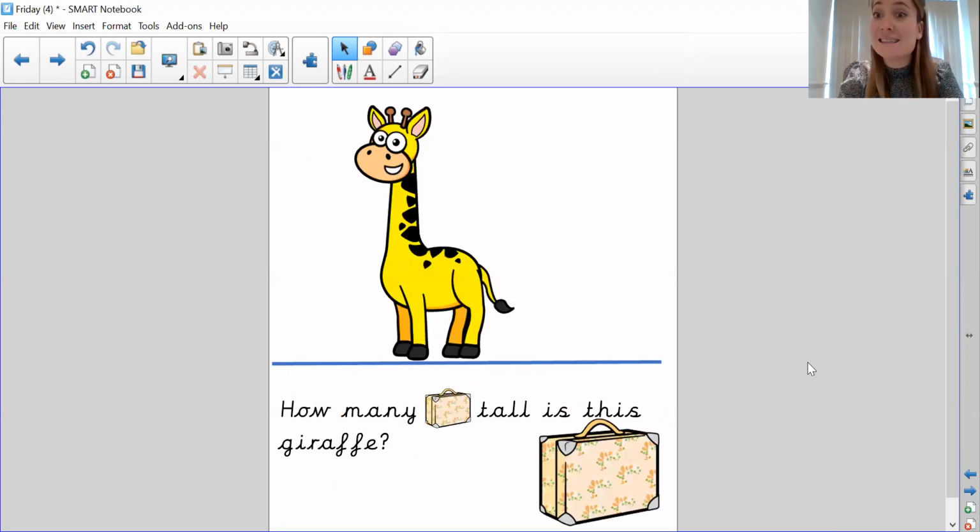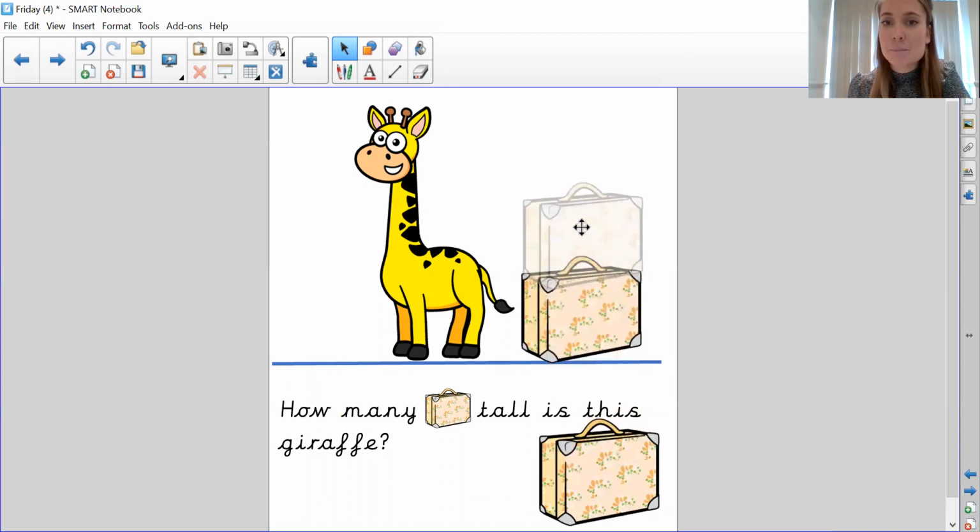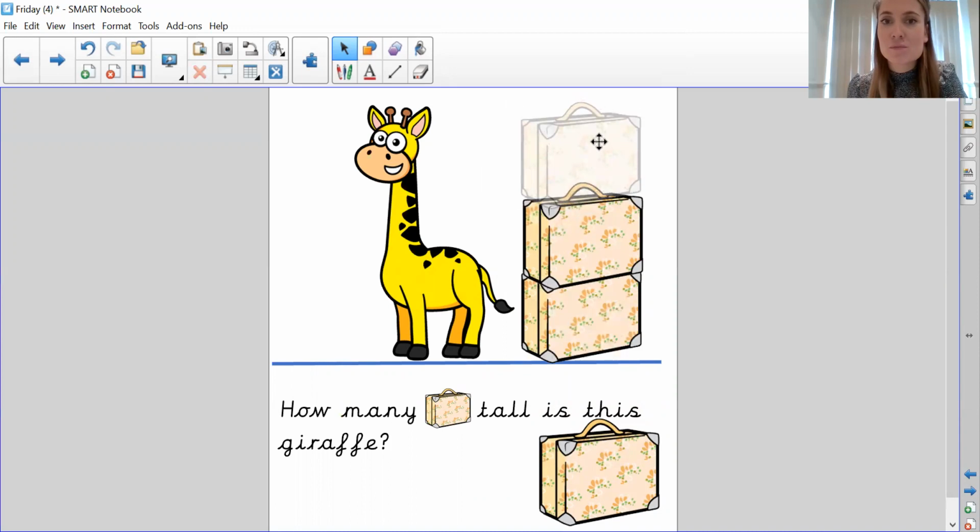Okay, let's see how tall the giraffe is. And this time we're going to measure him using some suitcases, because remember, when I'm measuring, I can use things around the house to help me. So I'm going to use suitcases. Ready? Let's count. So I'm going to start from the bottom. 1, 2, 3.